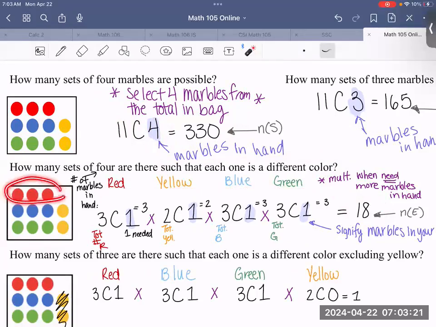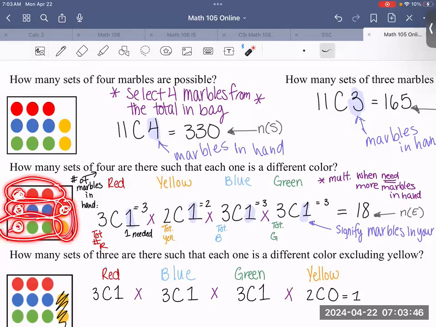So of the 3 total red, we're going to select one of them, times, it's a requirement that we get more colors, more marbles. So of the 2 yellow, we're going to get one of them. Of the 3 blue, we get one more. And of the 3 green, we get one more.